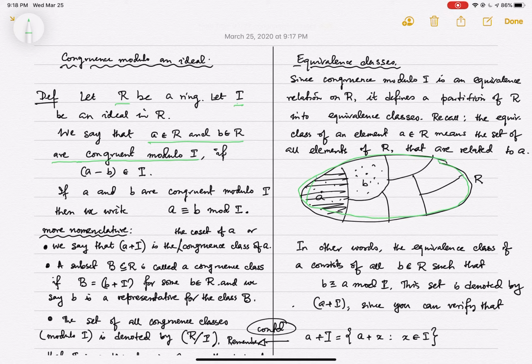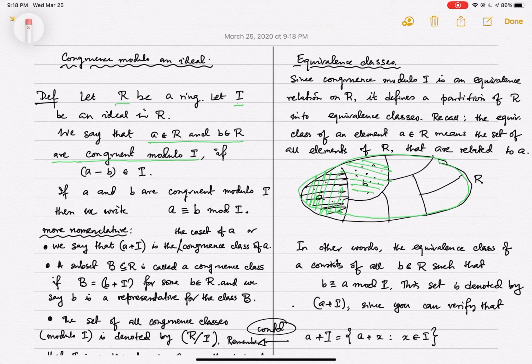One piece consists of all the things that are related among each other, and here is another piece of all the things that are related among each other, etc. Since this is an equivalence relation, it defines a partition of R into what are called equivalence classes. Equivalence class of an element means all the things that are related to A.